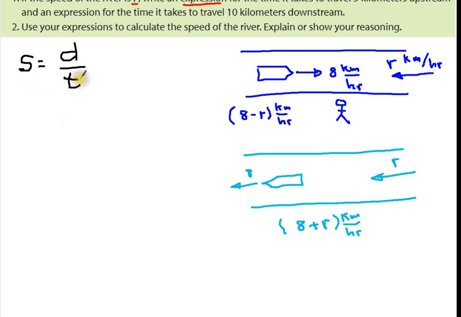So I want to find time, so I can rewrite this as the time it takes is equal to the distance divided by the speed.